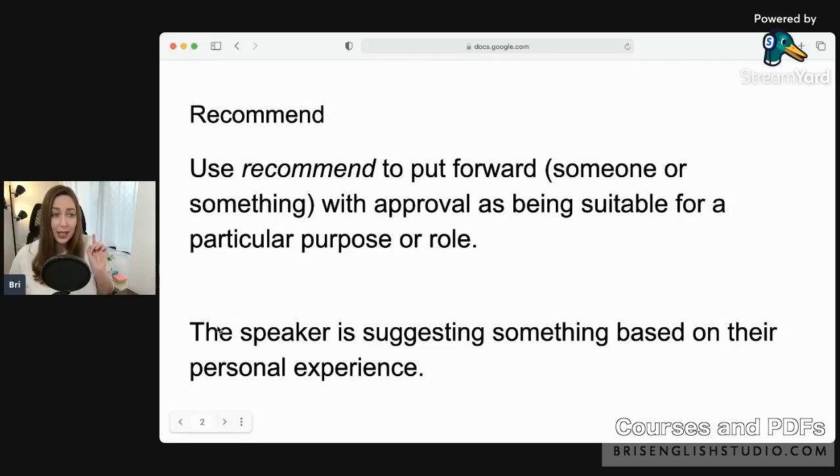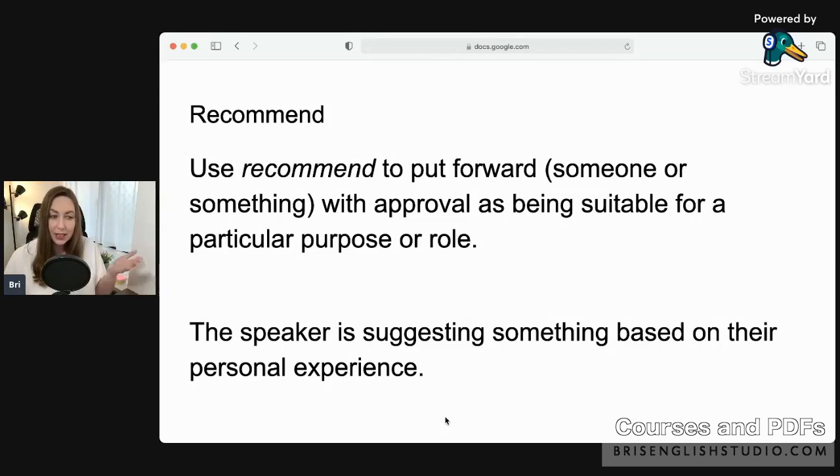The speaker is suggesting something based on their personal experience generally. Generally, when we use recommend, it's not really formal. It's not really informal. It's kind of neutral. And the person who is giving a recommendation, generally they're talking from their personal experience.